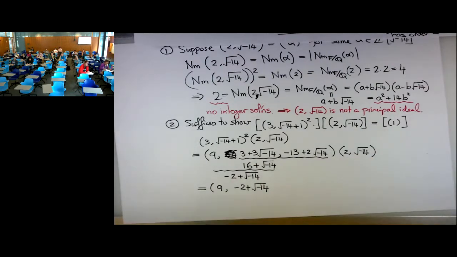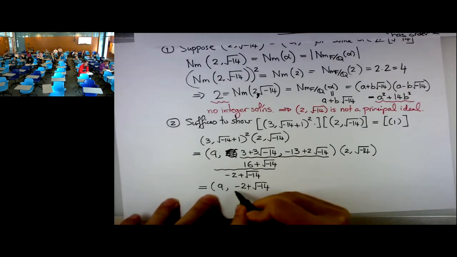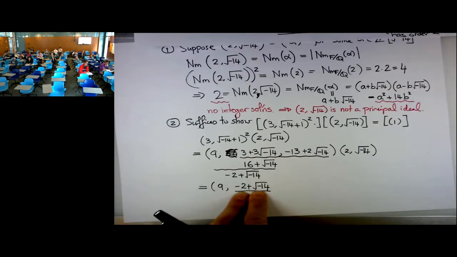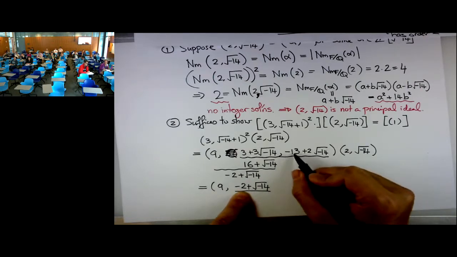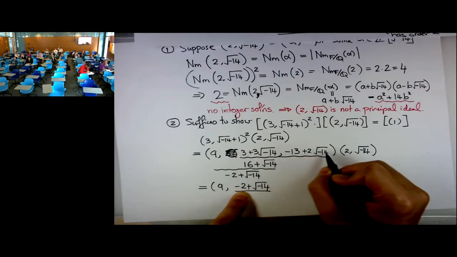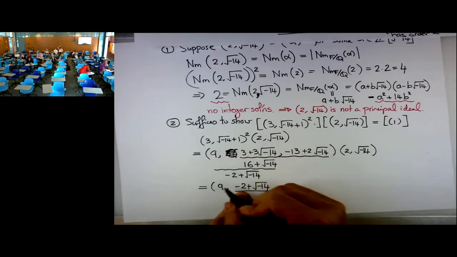Let's maybe just do this calculation in your head. If you multiply this one by 2, you get negative 4 plus 2 times root of negative 14. And over here you have negative 13 plus 2 times root of negative 14. So their difference is negative 9, which is this first factor here.